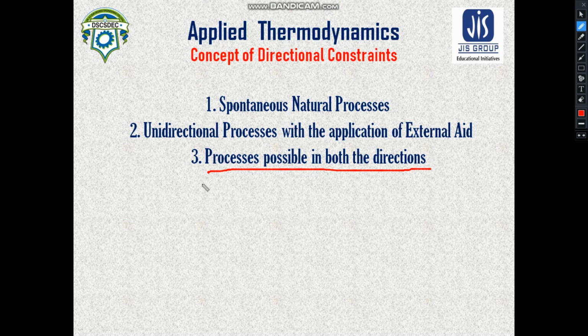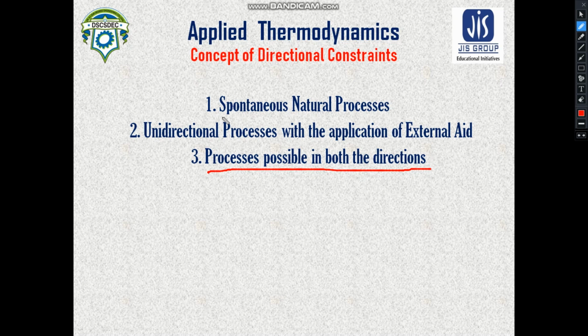The main motto of this discussion is that there are processes which always occur in a single fixed direction. They can be spontaneous, or they can be done with the help of external effects.